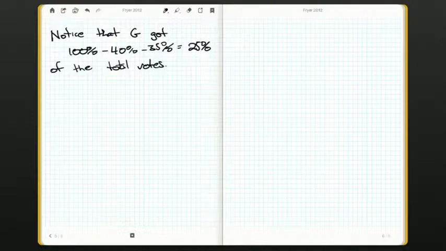We know the percentage of votes that H and J both got, and using that, we know that together with G, that gives us the total of 100% of all votes. So we can figure out the percentage of total votes that G got. But we know how many exactly G got.